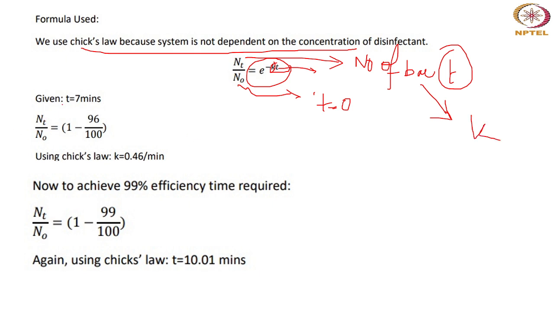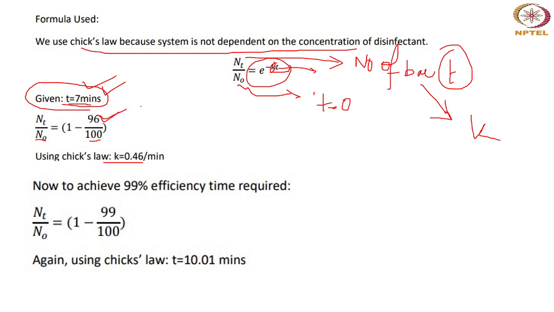So here at time t, it was 7 minutes. If the contact time is 7 minutes, then first you have to find the k value, that is 0.46. How did I get this k value? Because it was given that after 7 minutes, 96% of the bacterial cells were removed. Initially it was 100%, and after 7 minutes, 96% removed.